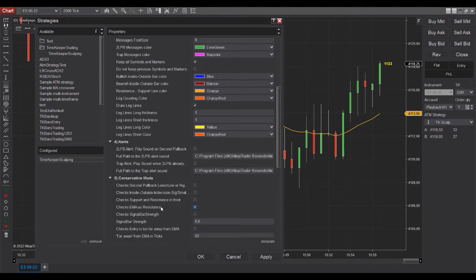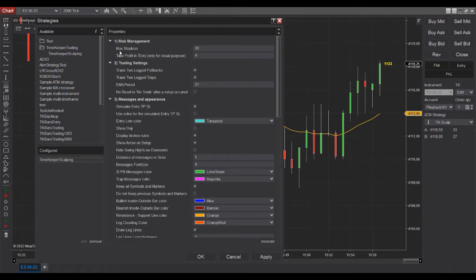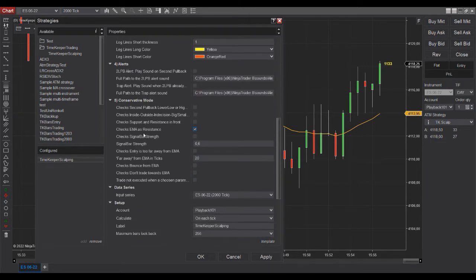For this EMA, of course, the take profit level is important, because if you have a setup and your take profit is crossing the EMA, it will break a rule, and an example is this one here.